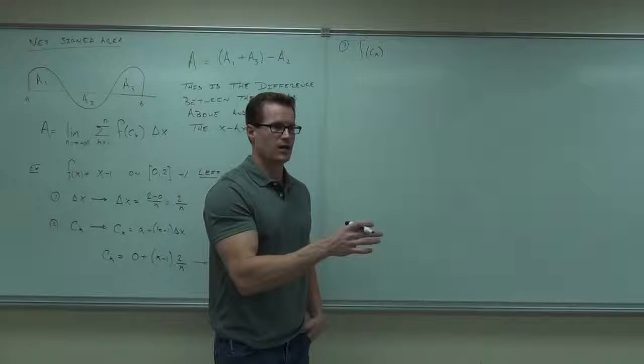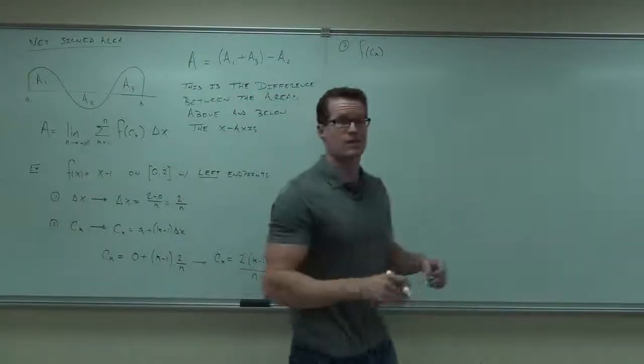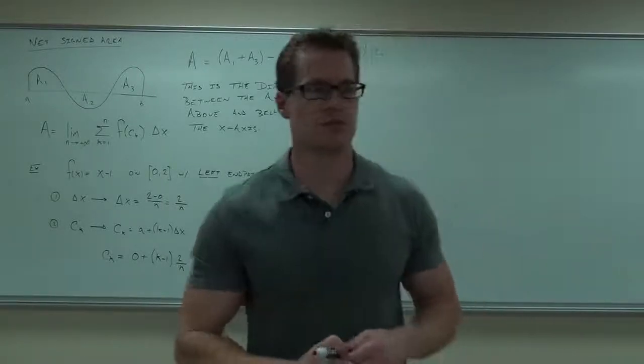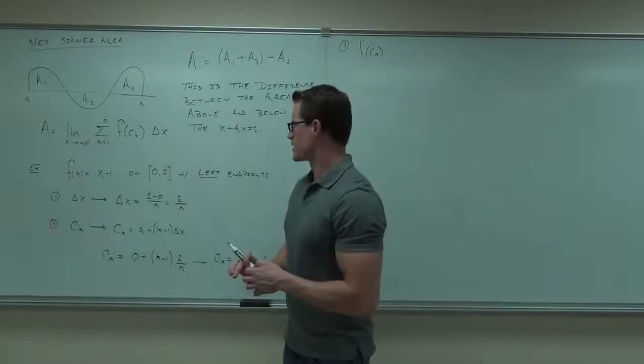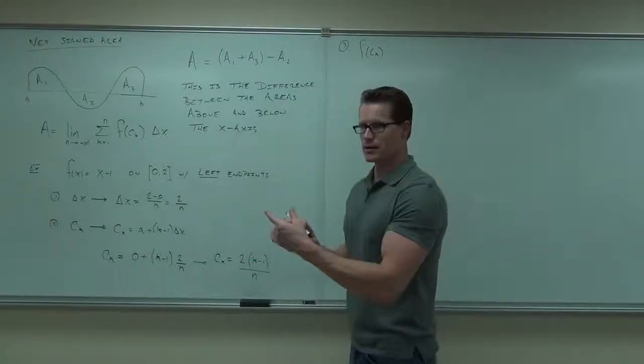It says, can you find out, using our arbitrary point, what the function is going to look like? What is the function, ladies and gentlemen? No, the function. X minus 1. So I'm supposed to take c sub k and plug it into that. You with me?